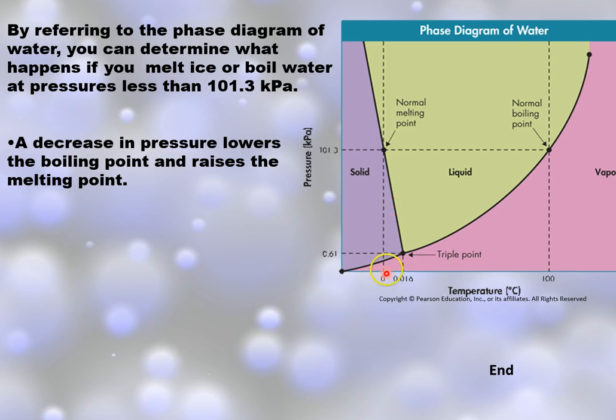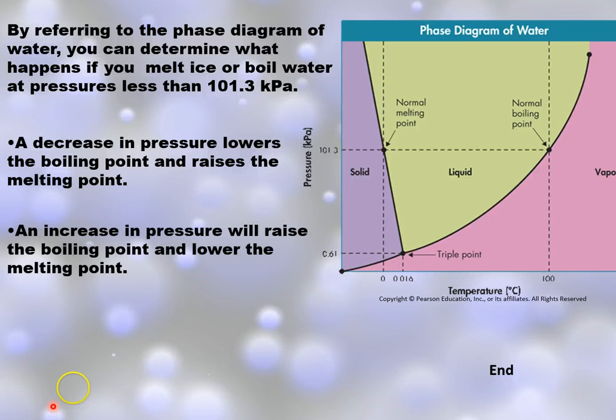We see this is the melting point right here, 0 degrees Celsius, and as we lower the pressure, we see the melting point changes. Conversely, we'll see the opposite happen when you increase the pressure. When we increase the pressure, we go up, and we are going to increase the boiling point, but the melting point is going to go down.